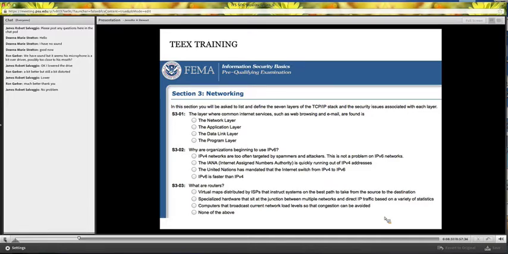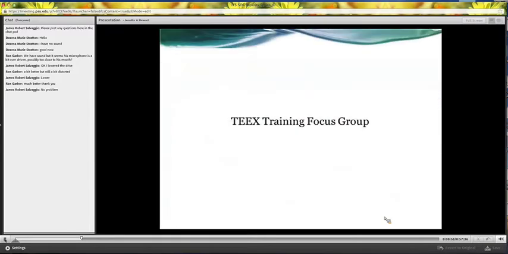There will be pre-tests that will, if you get a certain grade on that, you won't actually have to go through the whole test. There is a range depending on the classes, anywhere from 13 hours to 18 hours, depending on that. We're actually working on putting together a focus group for the TEACS training to have people go through some of the training, give us some feedback.